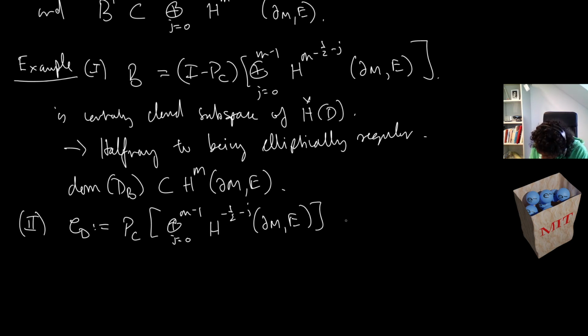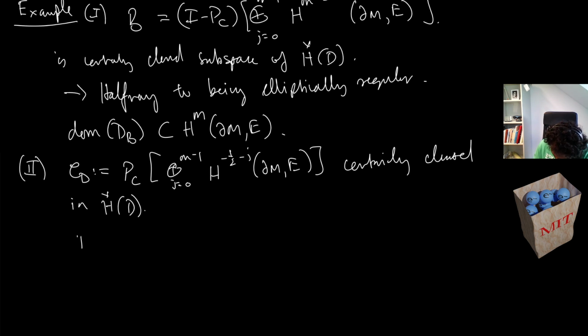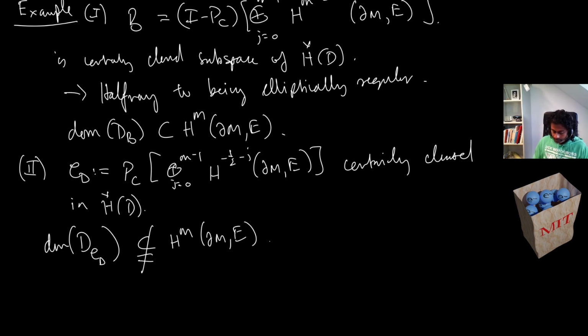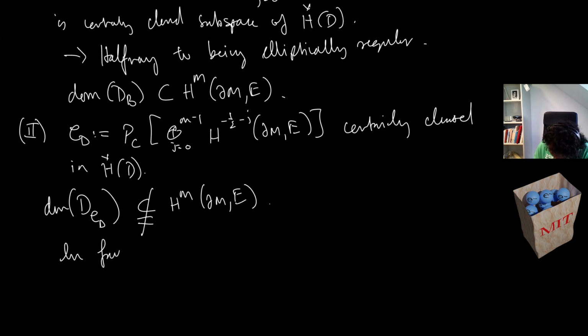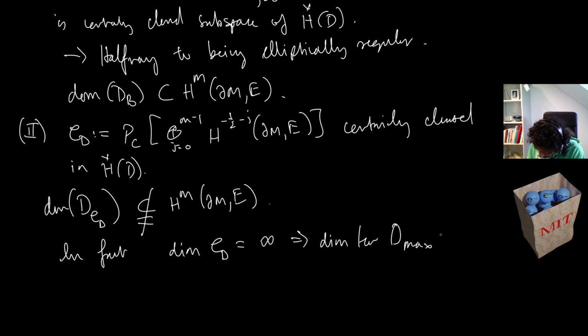So this is certainly closed by construction in H check of D. So we actually have an operator D of C of D. And the domain of D of C of D cannot be contained in H^m of E. In fact, the dimension of C of D is infinite dimensional, which means that the dimension of the kernel of D max is also infinite dimensional. So there are lots and lots of nasty solutions.